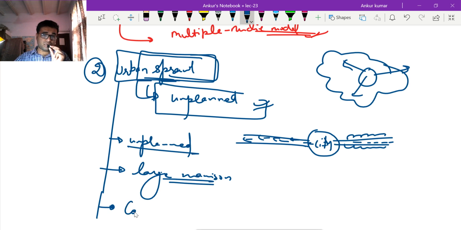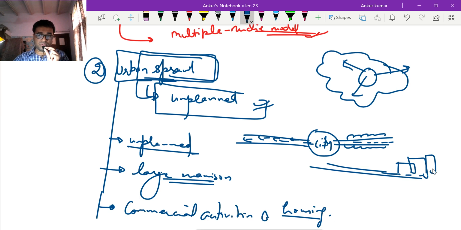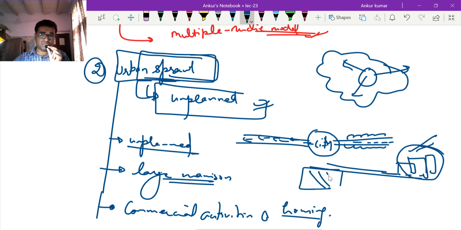For example, commercial activities and residential housing are completely separated. If the expansion is happening along a road, then in one part of the land there is expansion of residential housing, but in very far away land there is some commercial complex.